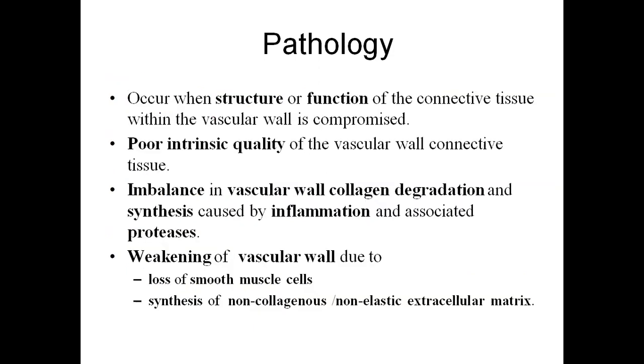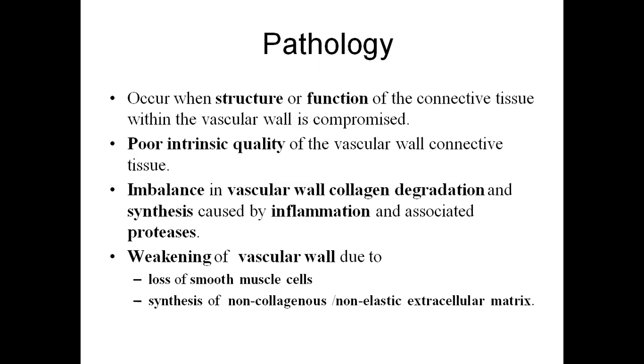Also occurs when structure or function of the connective tissue within the vascular wall is compromised. So what is happening here is we need to understand that the vessel wall structure or the connective tissue in maintaining the integrity of the vessel wall, somewhere it gets compromised.